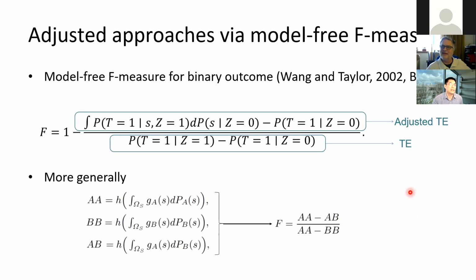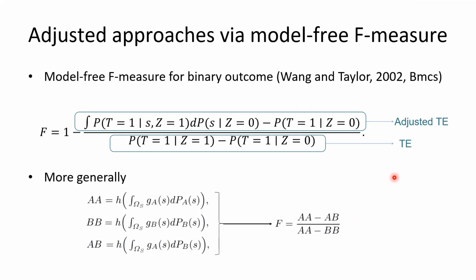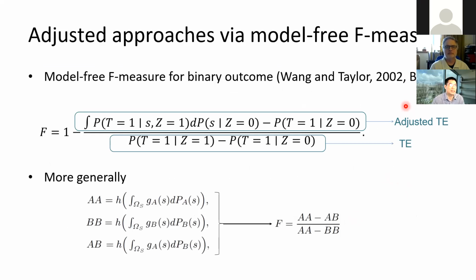So a second approach: people are trying to still use an adjusted approach, but using a model-free kind of approach, not necessarily relying on the two logistic regression models people tend to use in the PTE calculation. This measure is called the F measure, proposed by Jeremy Taylor and one of his students in a 2002 Biometrics paper.